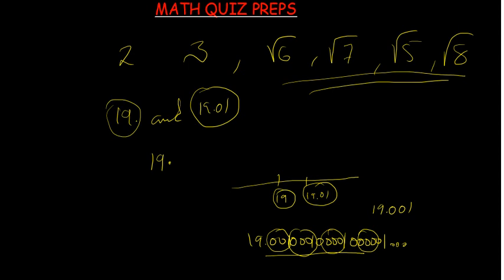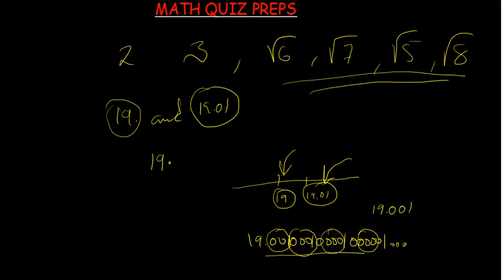If you don't want to write such a number in this form, you can have something that has got a root. So you've got 19.01 and also 19. Give me one example of a number that is bigger than 19.01. 19.02, right?